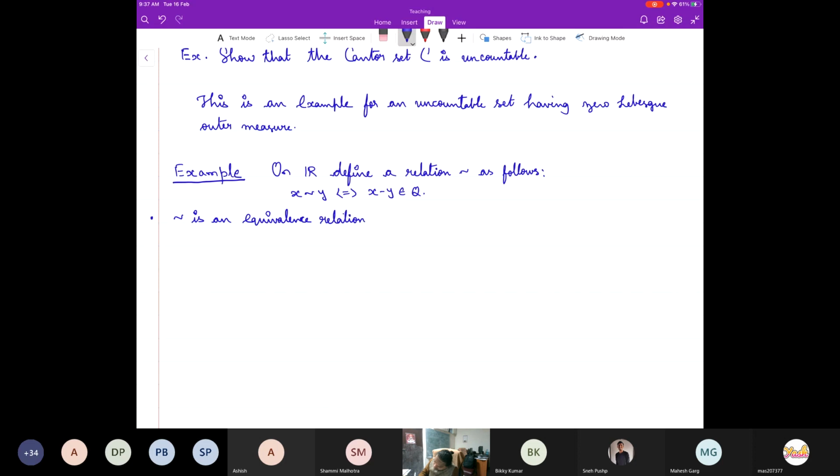What is an equivalence relation? Reflexive, symmetric, and transitive satisfied. Any relation that is reflexive, symmetric, and transitive is called an equivalence relation.